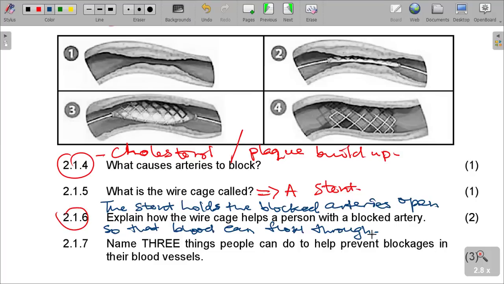The stent holds the blocked arteries open so that blood can flow through. That is how this can help. That is how the wire cage can help a person with a blocked artery.